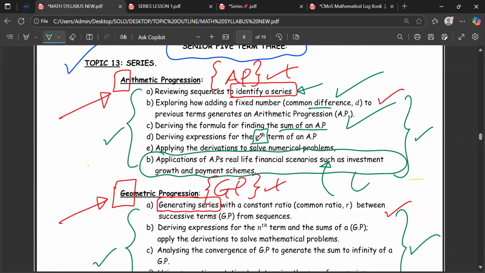So if your neighbor wakes up and wants to set a scenario on series, it will be set on investment growth and payment schemes. But you can also make applications. You can make research on these applications. That is your work. But derivations, all those things we have done. Literally the next thing is geometric progression.